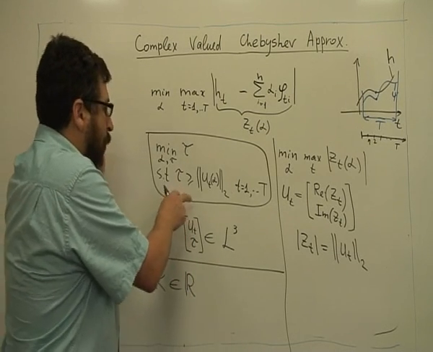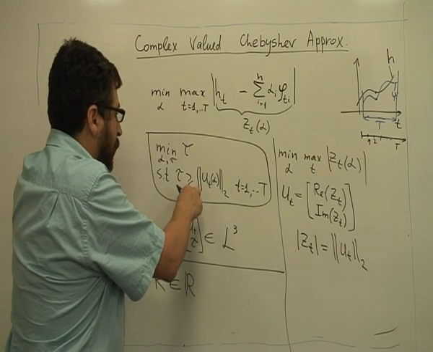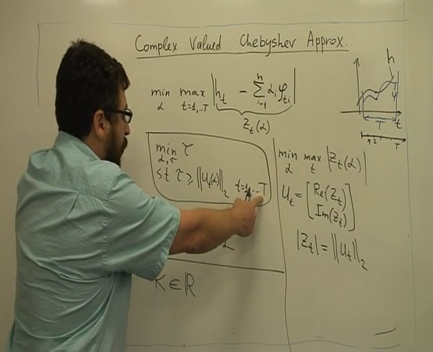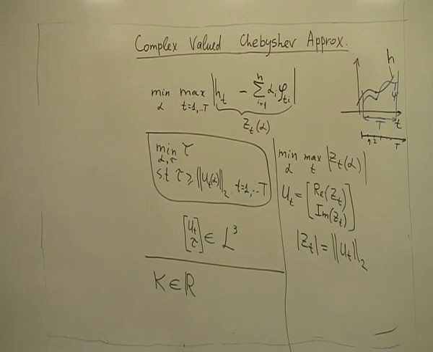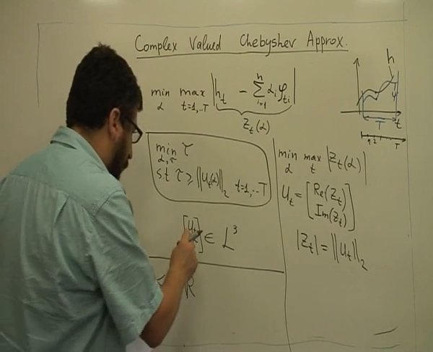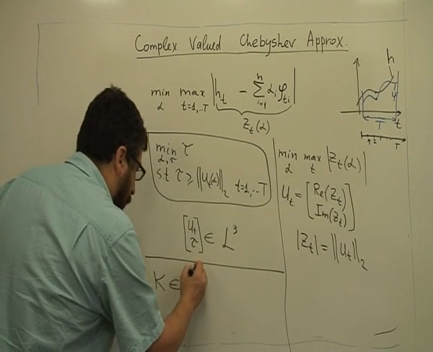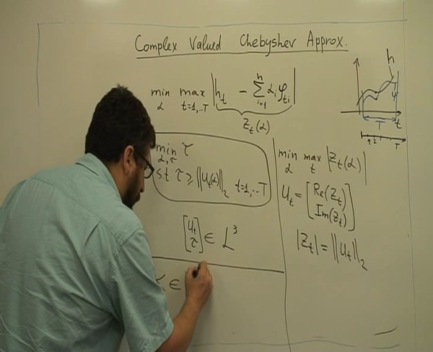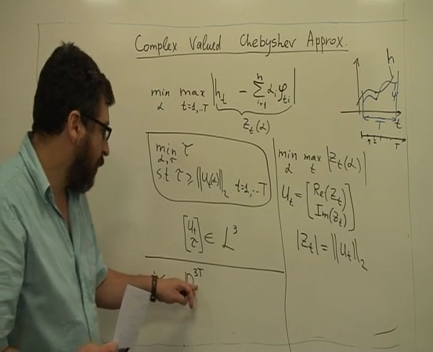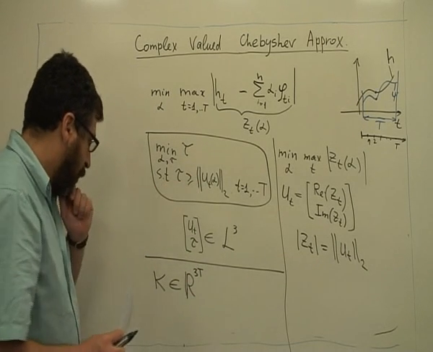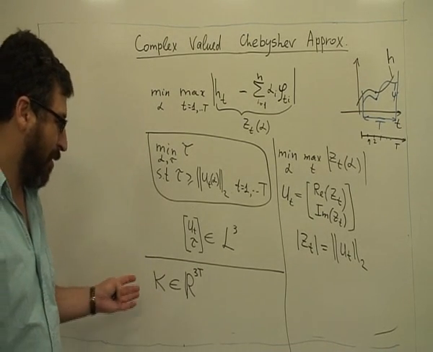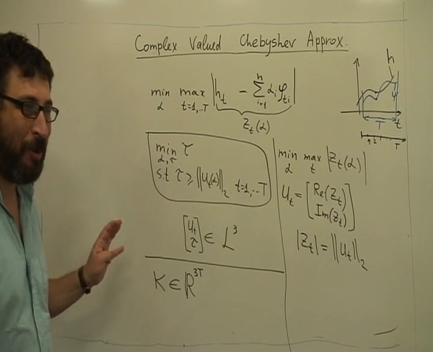So we have many cones. We have actually T cones. And those T cones, so I have 3 capital T variables and I have T cones. They will form a large one, I will call it a super cone.